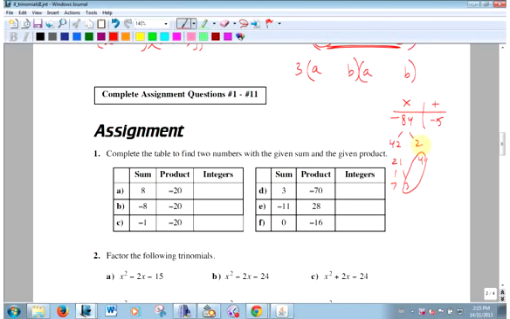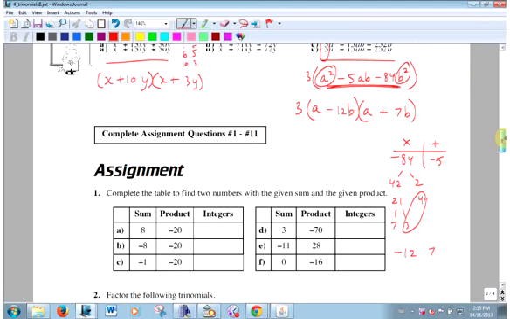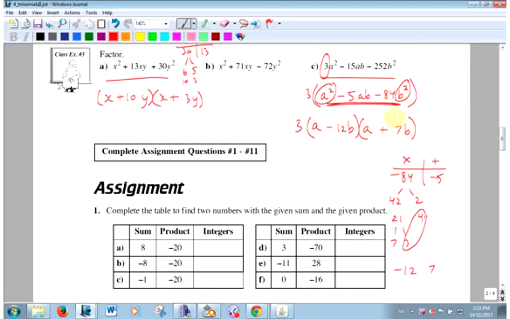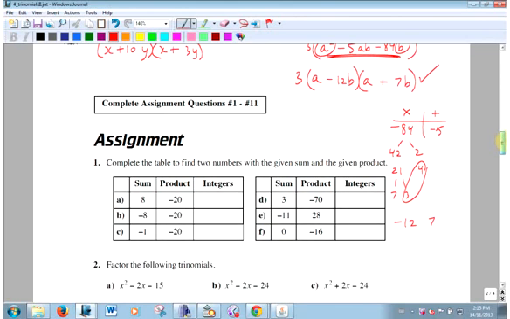Ah. 12 times 7, but it's got to be negative, so it must be negative 12 times 7. Okay? Minus 12 plus 7. Negative 12 times 7 is minus 84. And then we have 7ab minus 12ab is minus 5ab. Check.